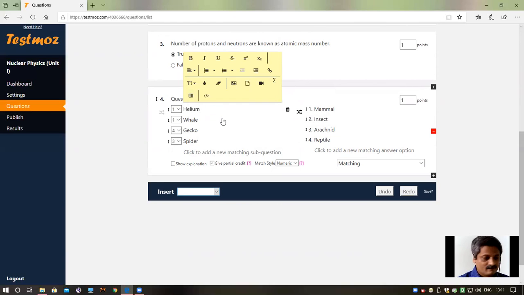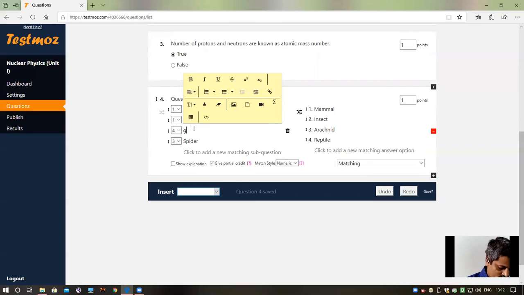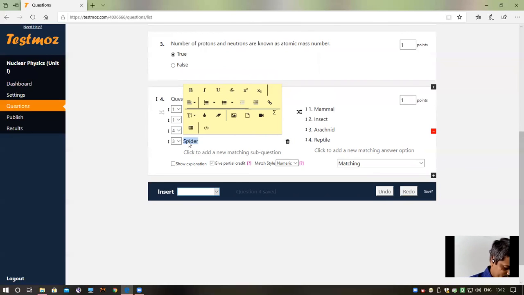Helium; first column consists of the names of the elements. Second, hydrogen; third, gold; and last one we consider here, oxygen.